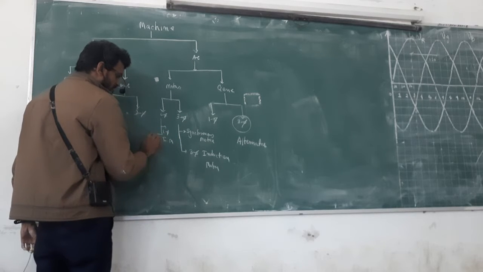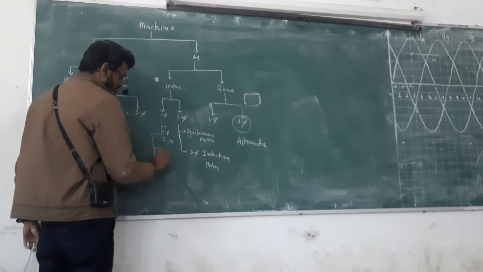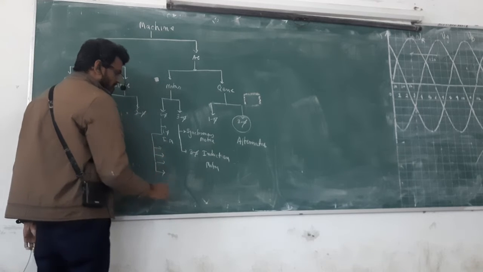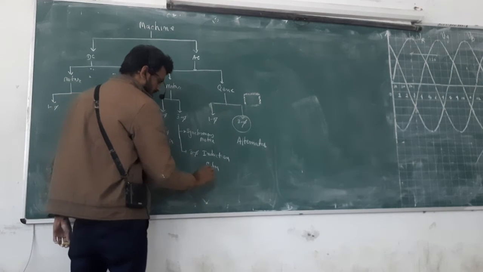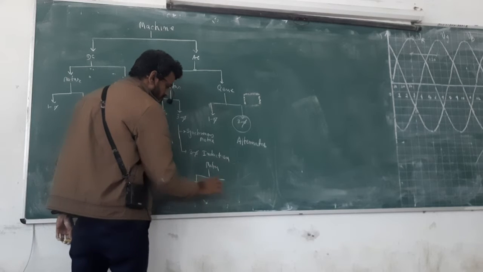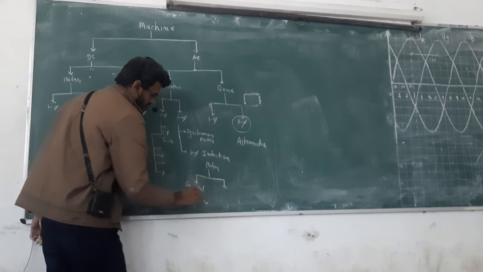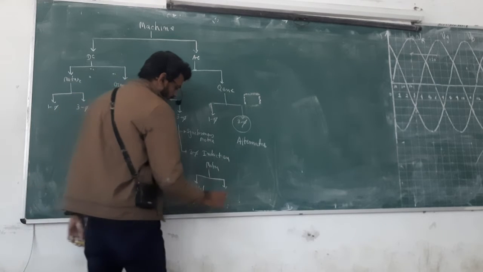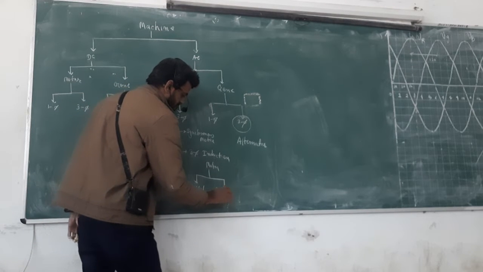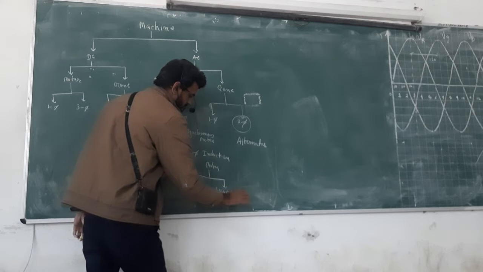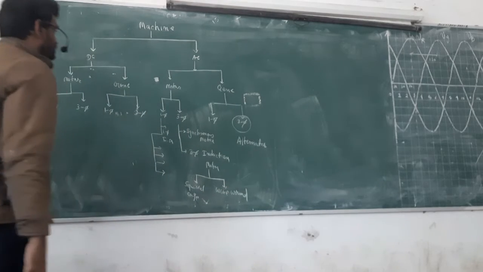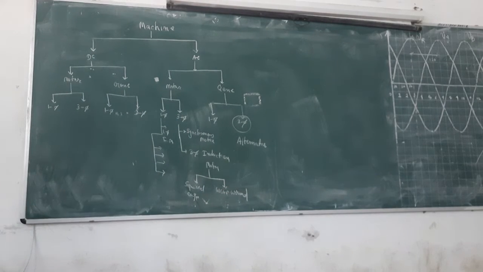Inside single-phase induction motor, there will be three to four types of motors. Here only two motors are there: squirrel cage, and here is the wound rotor one. Okay. So this is the broad classification of the electrical machine.